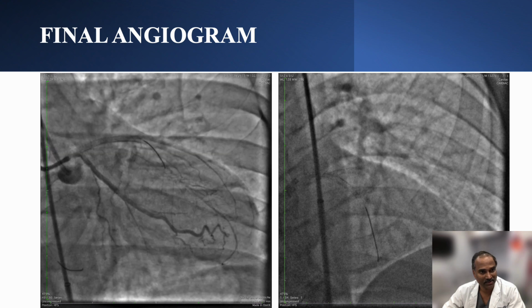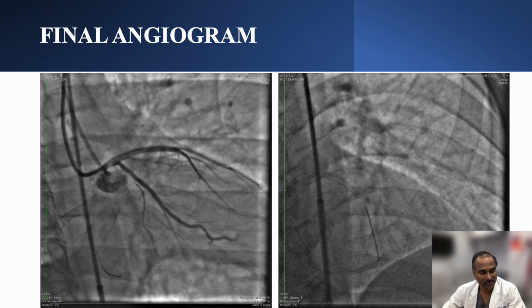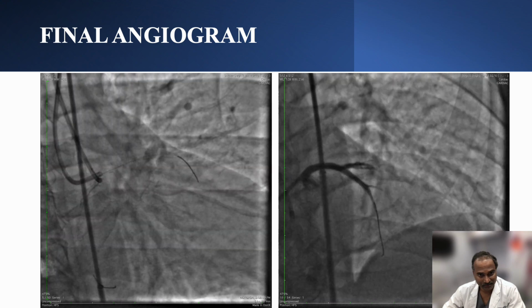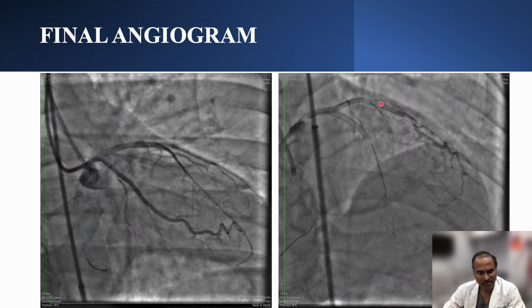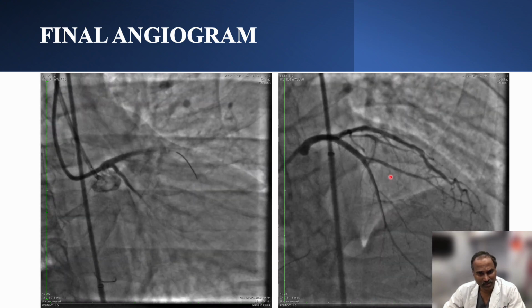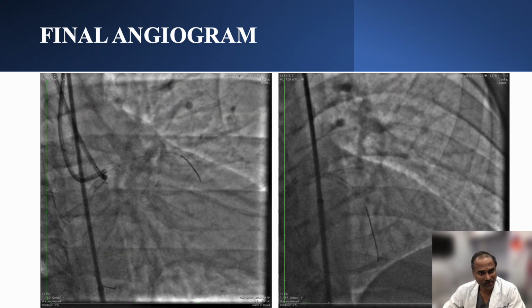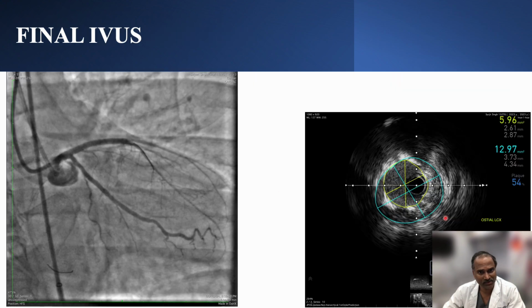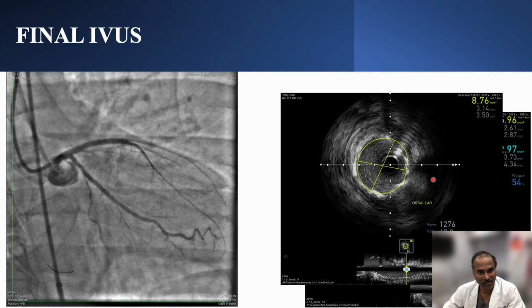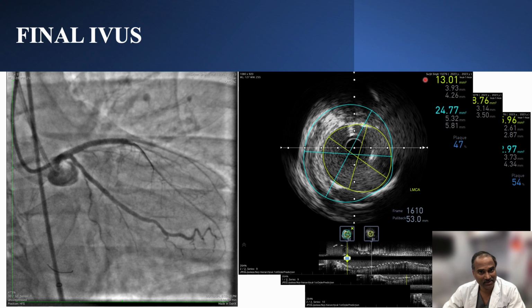You can see it's nice vessels, and both diagonal 1 and diagonal 2 are perfectly normal, and we can also appreciate overall expansion is quite good. And IVUS showed good lumen areas. This is the ostial LCX, which is almost 5.9, and this is ostial LAD, which is 8.7, and this is LMCA, which is nearly 13 mm square.